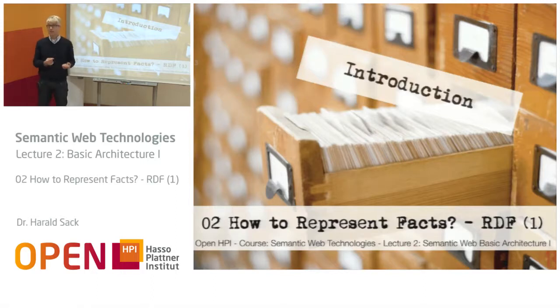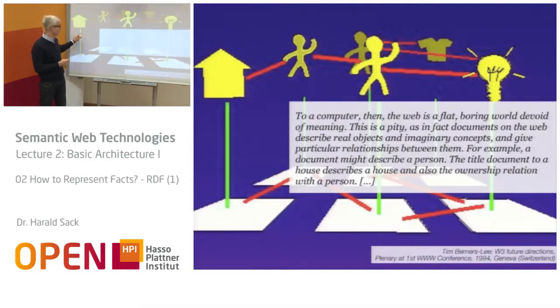But let's start somehow earlier. In the early days of the web in 1994, at the first WWW conference in Geneva in Switzerland, Tim Berners-Lee, who is also the inventor of the World Wide Web, stated that web pages on the web do not only represent a network of documents, but with these web pages, of course, information concerning real-world objects are described.